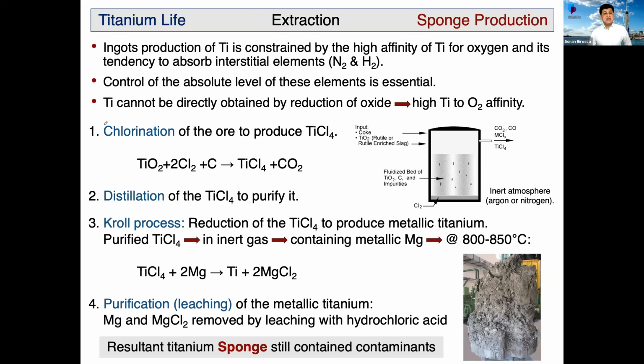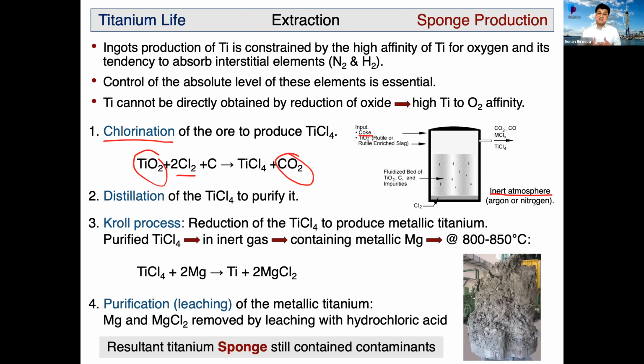The first stage is chlorination, in which you combine the titanium oxide with chlorine, and of course you mix it with coke. The coke takes the oxygen, so you will have carbon dioxide, leaving the titanium to react with the chlorine. That's chlorination, and this is very expensive as well, because you have to do it in an inert atmosphere, argon or nitrogen, which is very, very expensive.